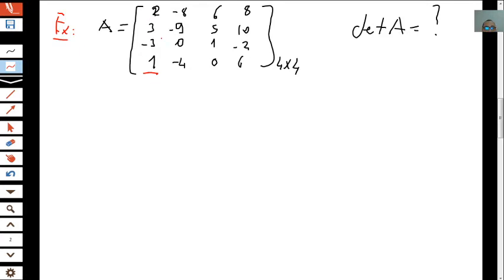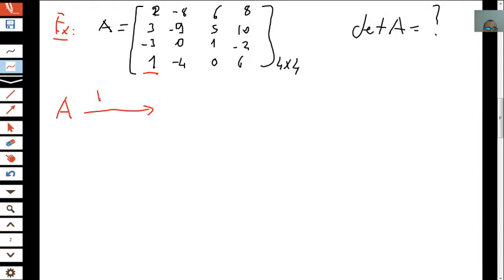Therefore, we do the row operation, which is the interchange. Our aim here is to obtain the echelon form of the matrix A, or we want to obtain a lot of zeros to make the calculation of the determinant easier. So A is row equivalent.